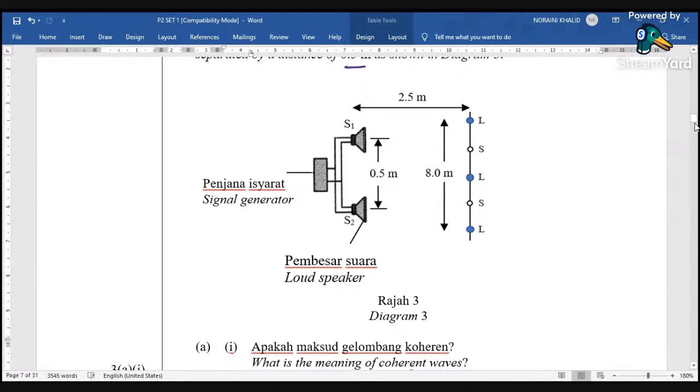If you look at the label, this is the separation between two coherent sources, A. D is the distance between the sources and the line where X is measured. This is X, the distance between two consecutive loud sounds, or between soft sounds, the same length.